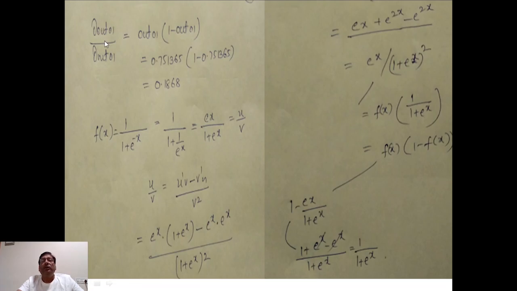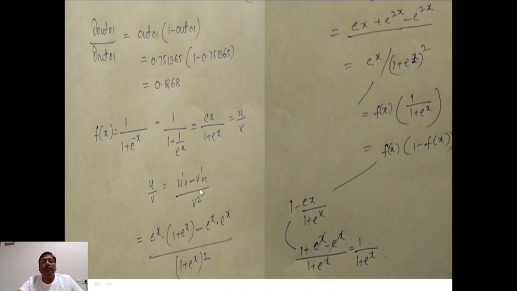For that, if you consider f of x equals 1 upon 1 plus e to the power minus x, then you can write this as 1 upon 1 plus 1 upon e to the power x, which can be written as e to the power x upon 1 plus e to the power x. If I go with the quotient rule over here, I can write it as u dash v minus v dash u upon v square.